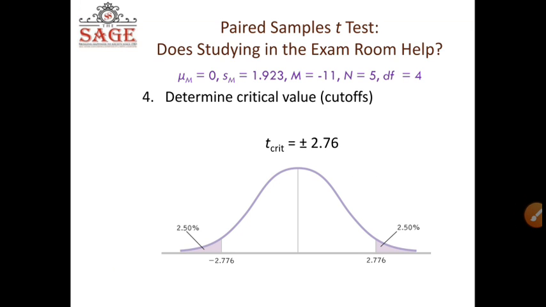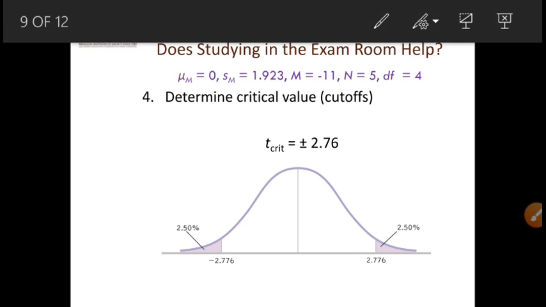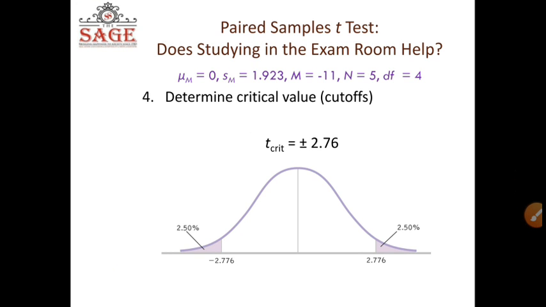Paired sample t-test we are doing now. What we have taken out is, this is your mu m, that is the population mean. Then we have taken the sample mean, then the sample standard error. And now we put it on this particular diagram. So the critical value is 2.776.